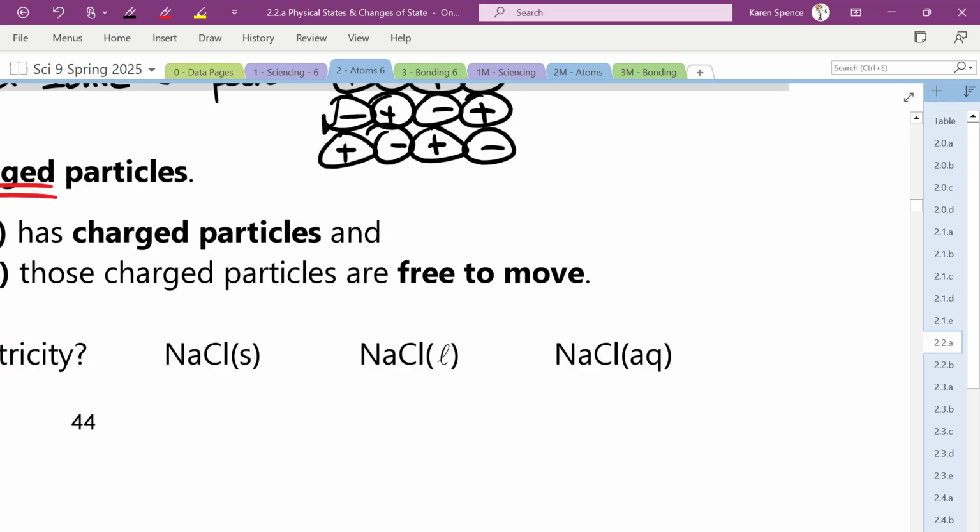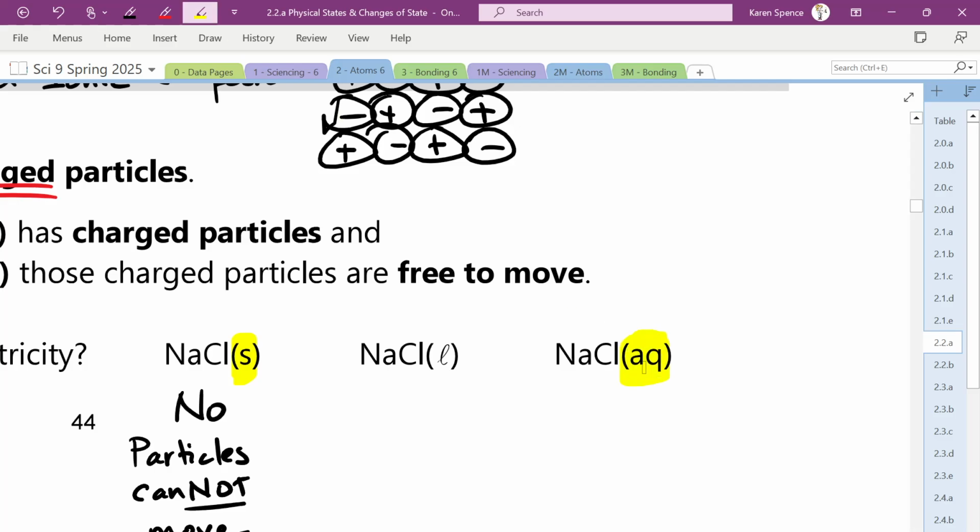So, according to this, which of the following can conduct electricity? Can the solid conduct electricity? No. The particles cannot move. And we just saw the aqueous.